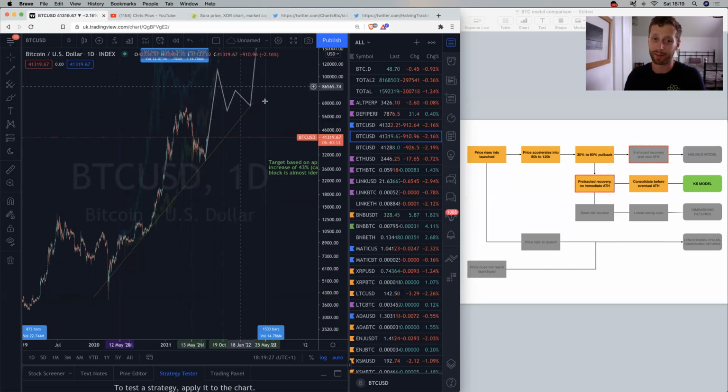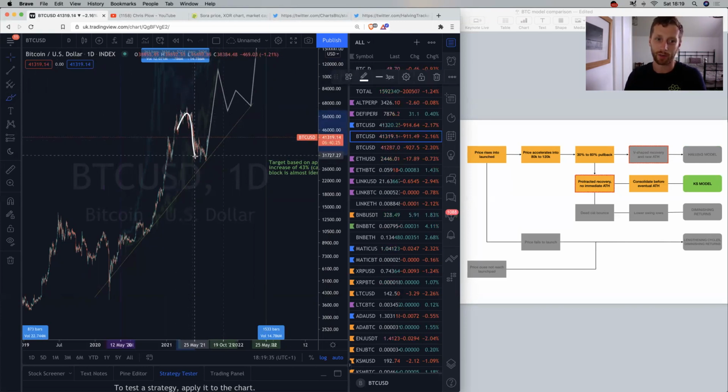We don't know exactly what that would look like, but we've just seen from what happened in the mid-cycle shakeout, I would expect something similar to this before eventually going on and making a new all-time high. And the KS model, as I said before, is looking at May of 2022, and is looking at $500,000. So that's what that would look like.